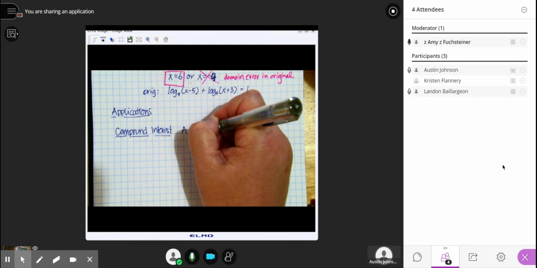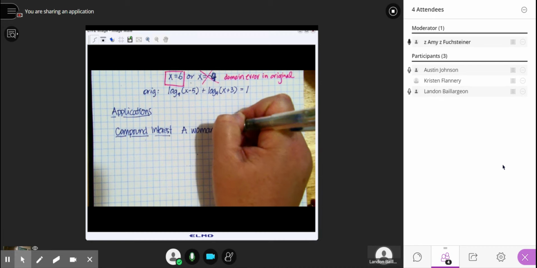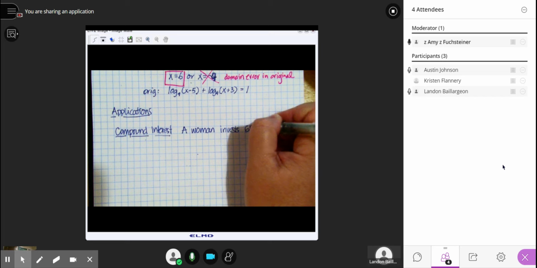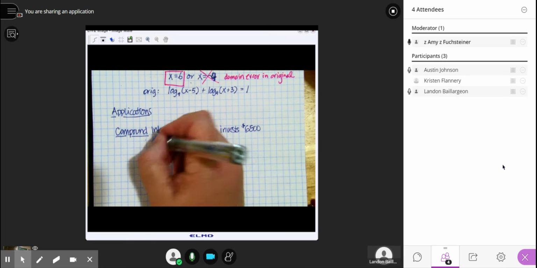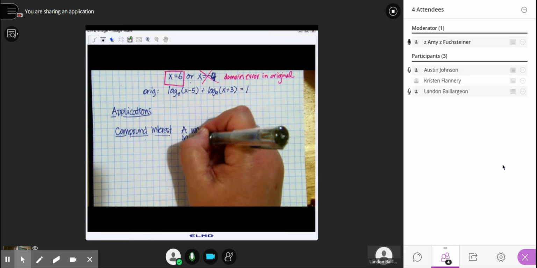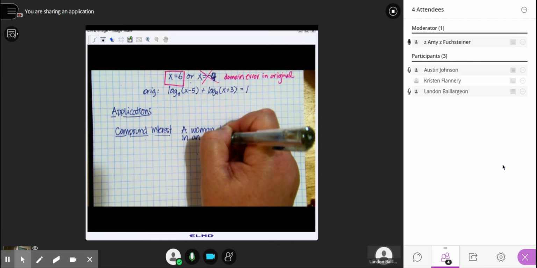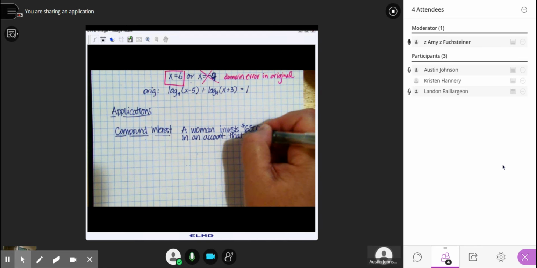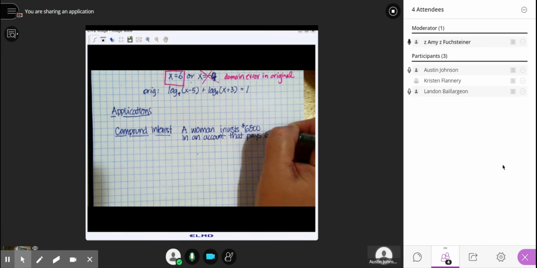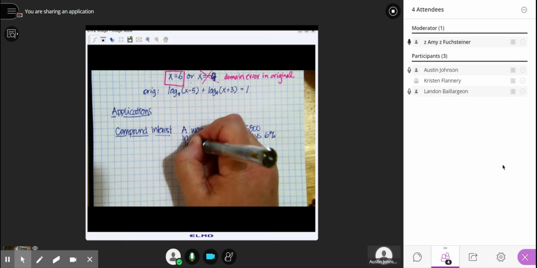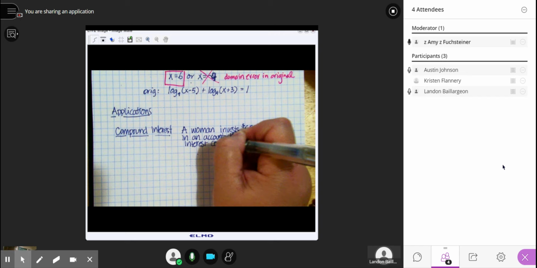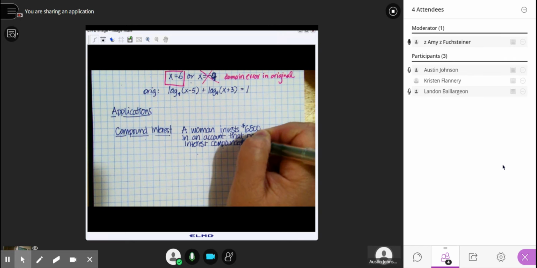So we've got a woman investing $6,500 in an account that pays 6% interest, compounded continuously.